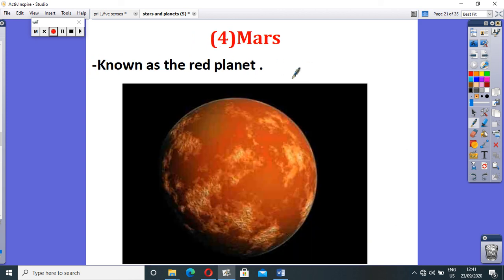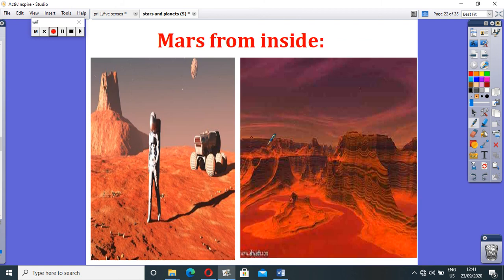What about Mars? Mars is known as the red planet. Why? Because Mars contains a lot of rocks, and these rocks have a red color because they contain iron metal. Do you know iron? Yes, iron has a red color.